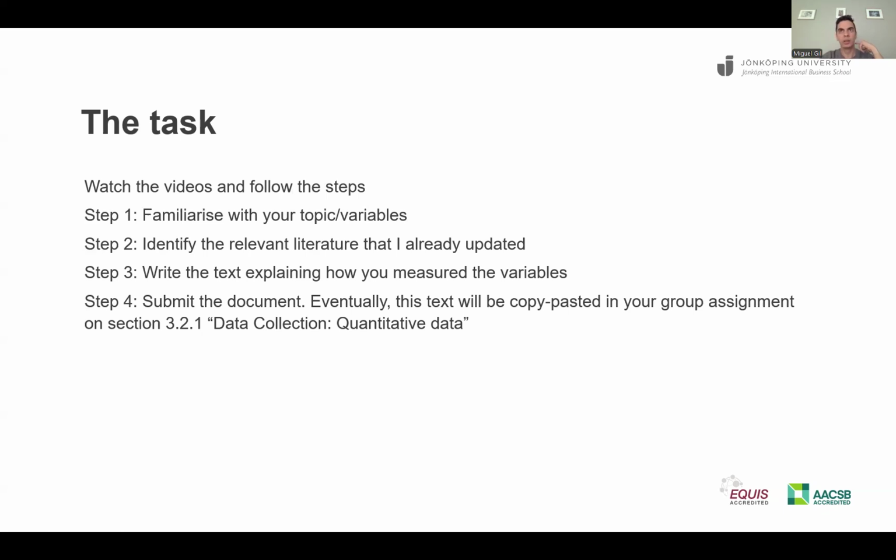This document will actually go as a copy paste in your group assignment, and it will solve one part of the method chapter. So it's good progress. You will just copy paste it later on for your group assignment, so it's good that you now submit in Canvas. I will take a look, and if there is something wrong, I will let you know. So then you can have that already as good in your group assignment. So that's basically what you have to do.